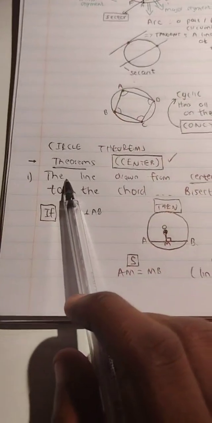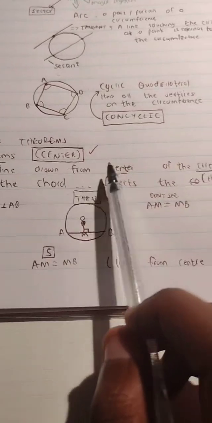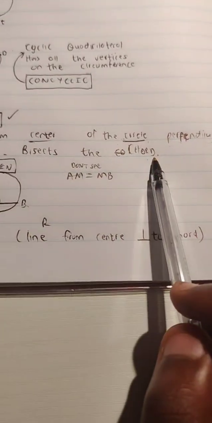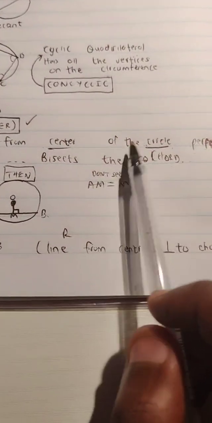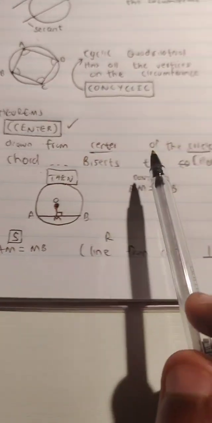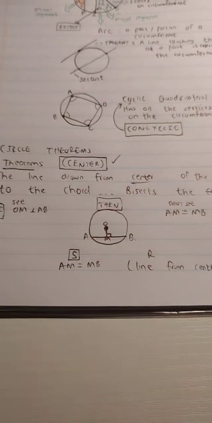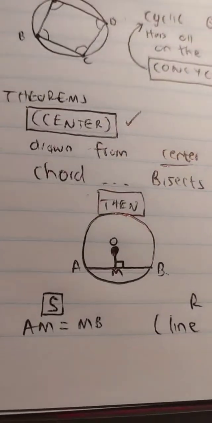The line drawn from the center of the circle perpendicular to the chord bisects the chord. That's one of our theorems that has to do with the center.